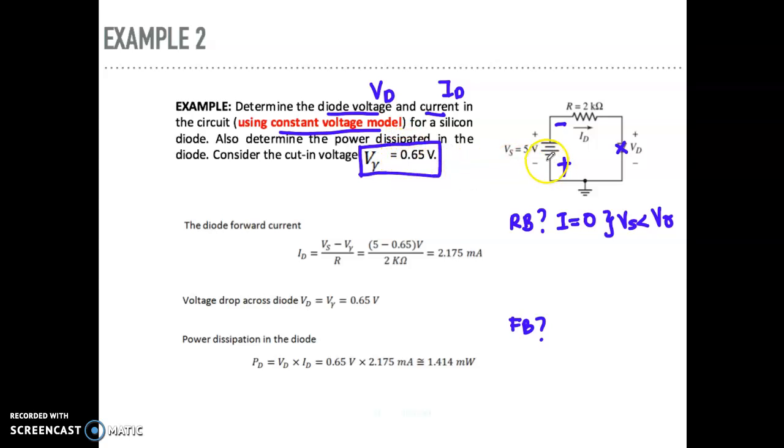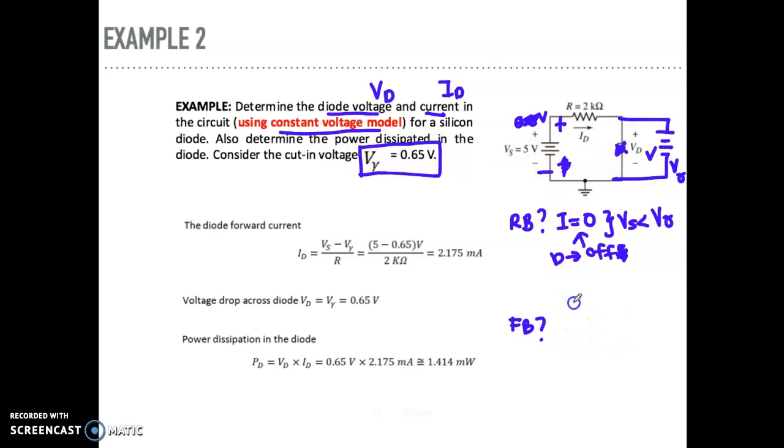Let's say I apply 0.5 volt. Will the diode turn on or off? Because it is less than 0.65, the diode will be off, and the current will be 0. During forward bias, let's say here it will be plus and here minus, then the diode will be on. You need to replace your diode with V gamma for model 1.